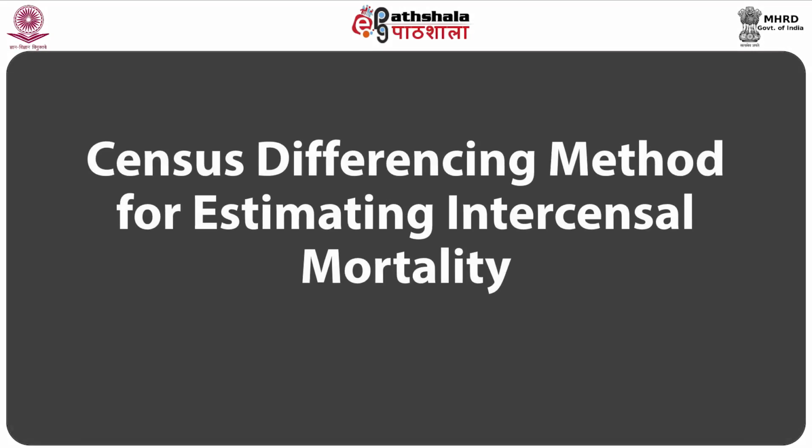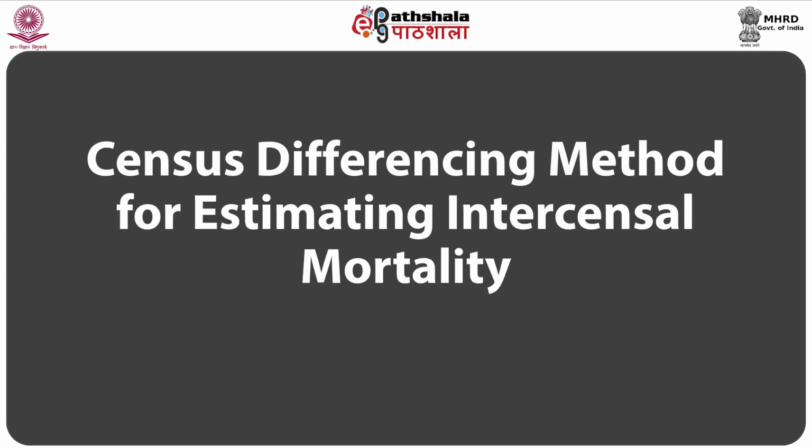In this module, we will learn about how indirect methods of estimating mortality indicators are used through the censuses in countries where the civil registration system data is either not existent or is not of adequate quality needed to carry out direct estimations of mortality patterns.